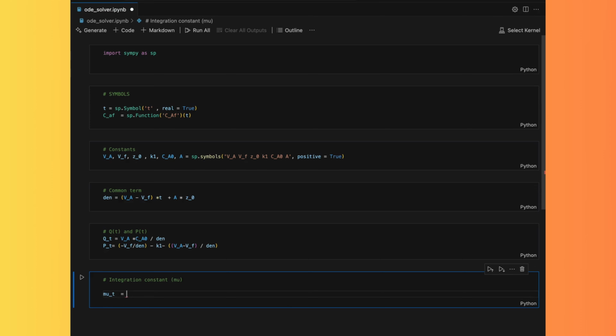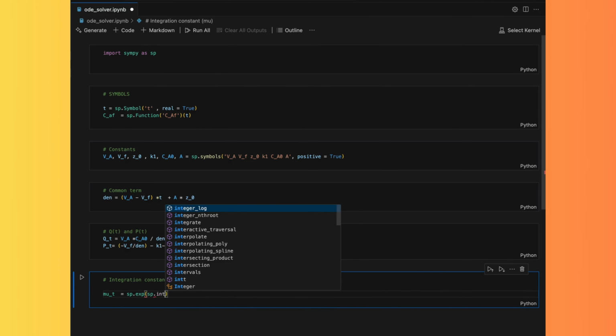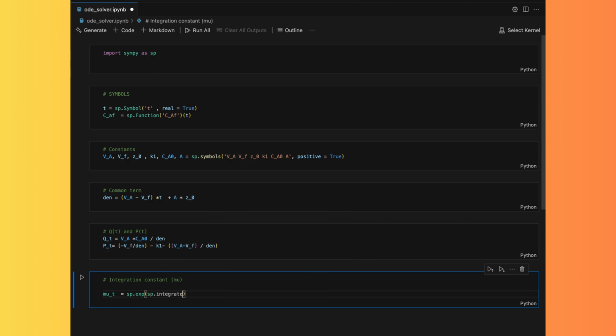Mu t is equal to sp.exp of sp.integrate of PT with respect to t.